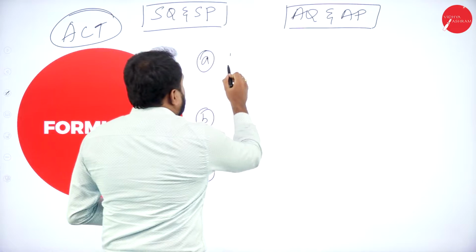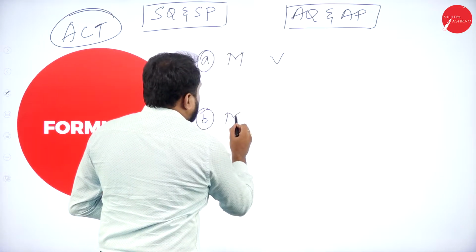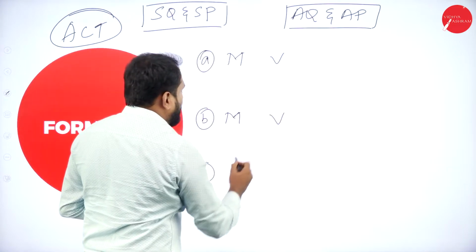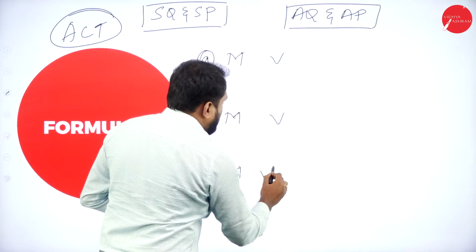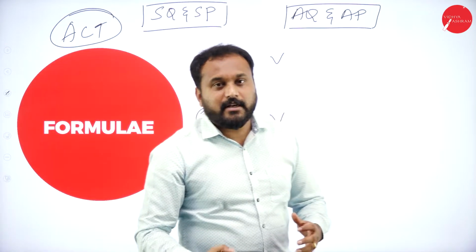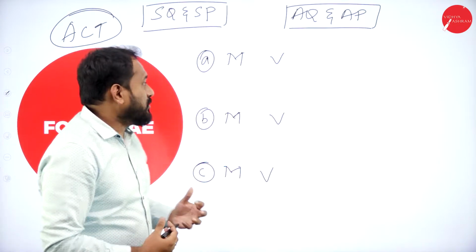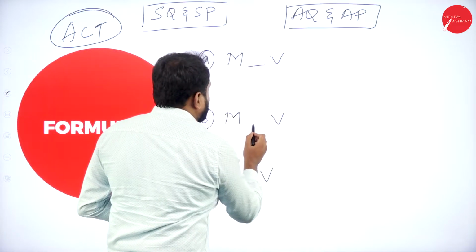Now here you should write M, V. Give a space. M, V. What is this? Material variance. Now how to remember? You people are B.C.A students, isn't it? Now B.C.A without CPU, you can't work anything. So what are the alphabets here?